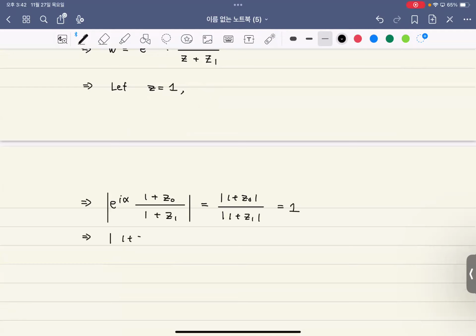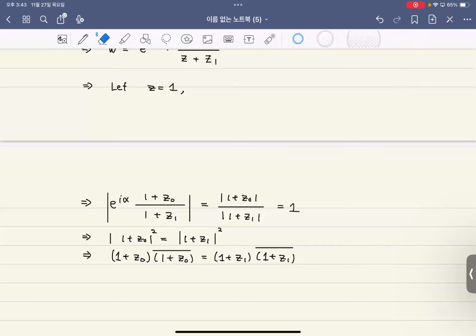So the modulus of 1 plus z0 equals the modulus of 1 plus z1. So these two numbers have the same moduli, so this equality is still true even if I raise it to the power of 2. And so 1 plus z0 times its complex conjugate is 1 plus z1 times its own complex conjugate.